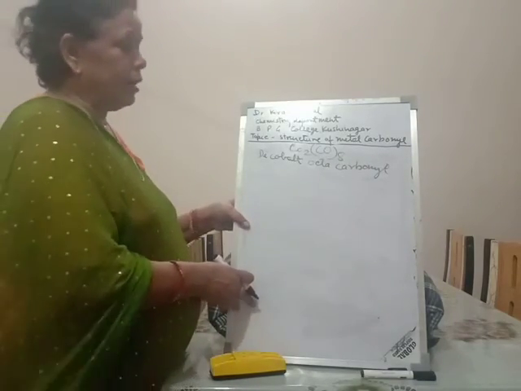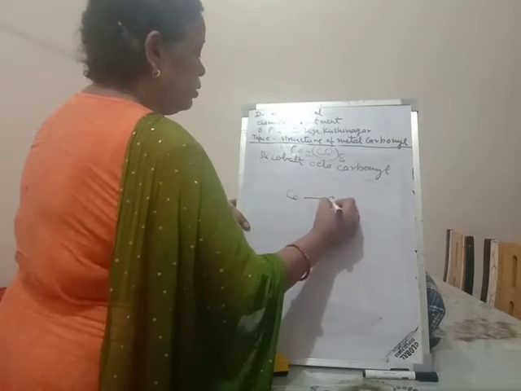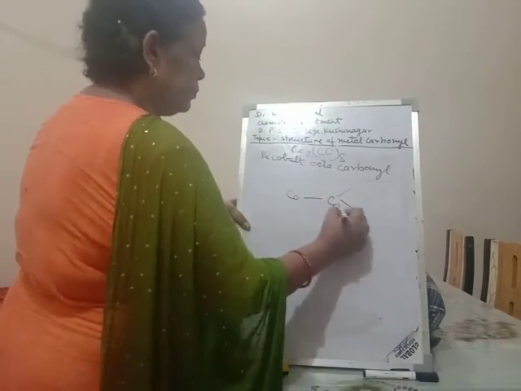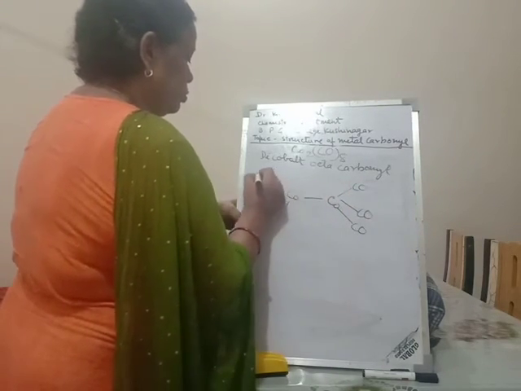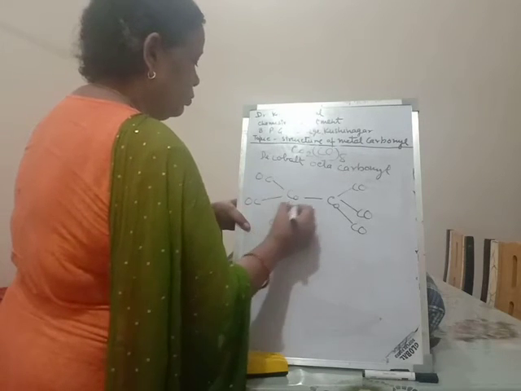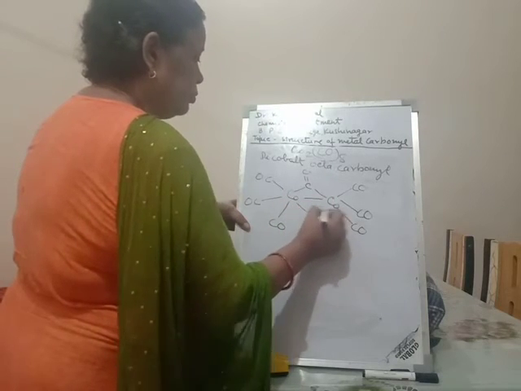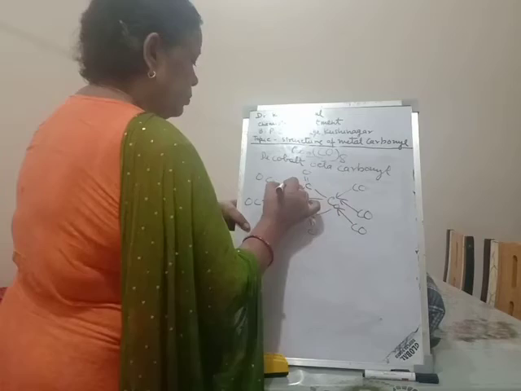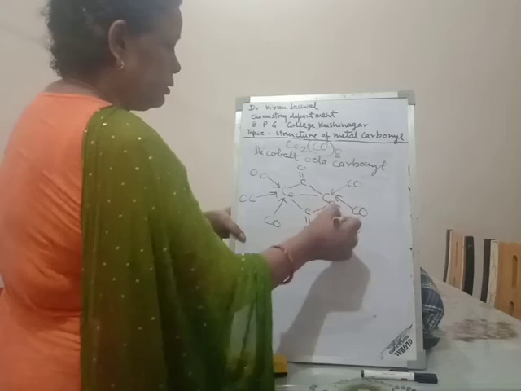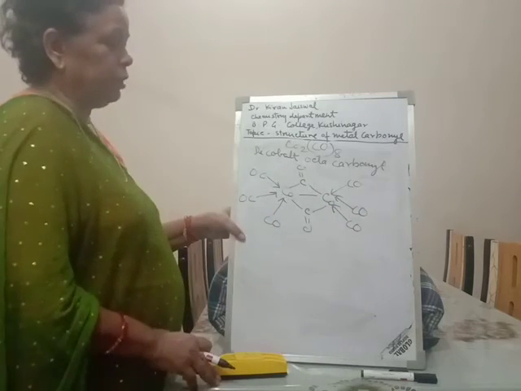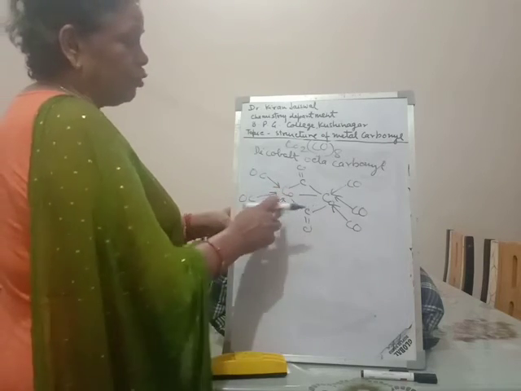The dicobalt octacarbonyl has the following structure, with 8 CO groups. This is the structure of dicobalt octacarbonyl.